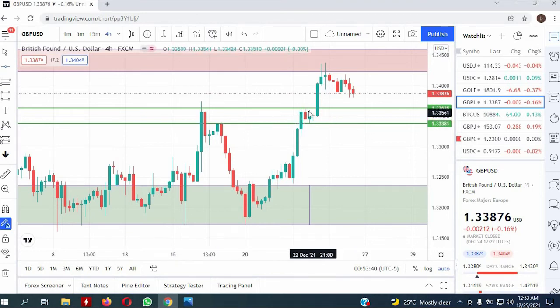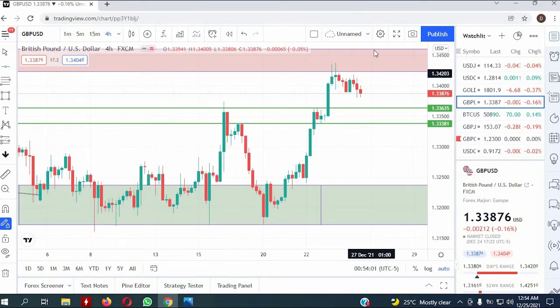If this area fails to support the GBP USD, it will push further down into this area for another retest. However, if the GBP USD supports itself in this area, it will push back up into this area and try to break through in order to confirm a reversal.